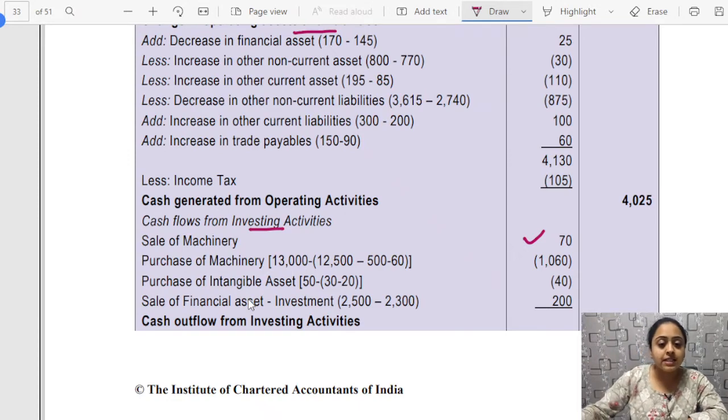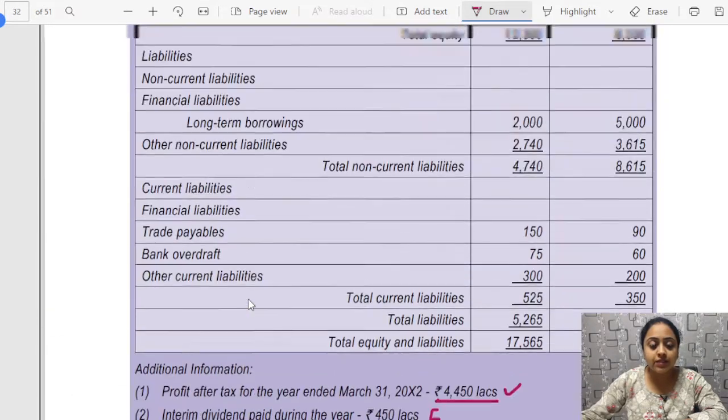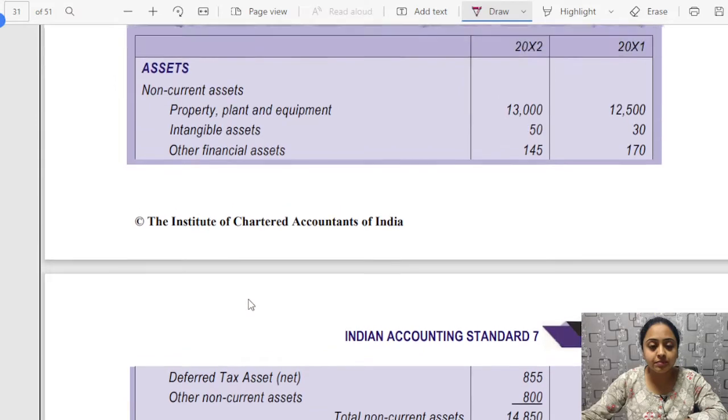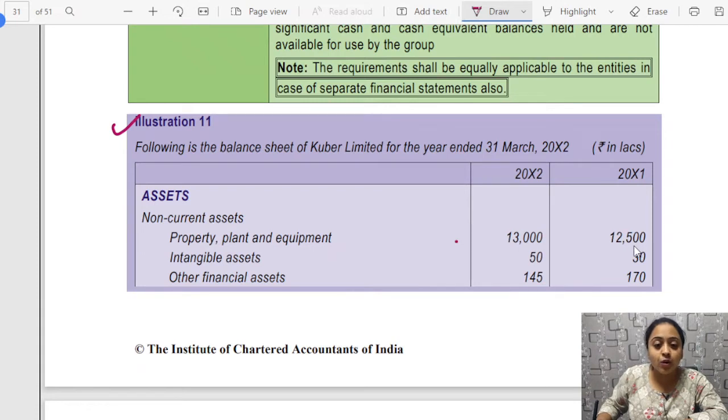See, if we talk about it one by one, we'll start from here. Property, plant and equipment you have already sorted out. There is a 12,500 opening figure, so make a ledger of PPE. The opening figure is 12,500, the closing figure is 13,000, and there has been depreciation of 500.